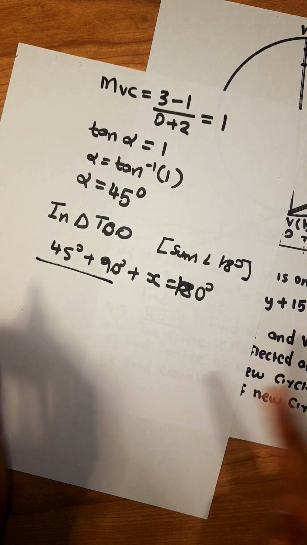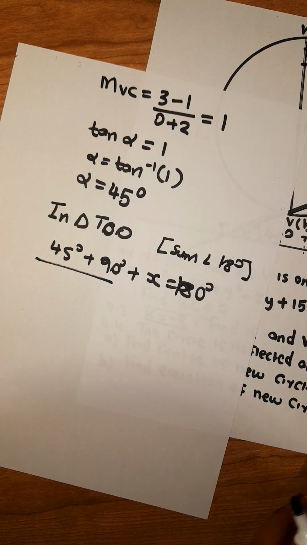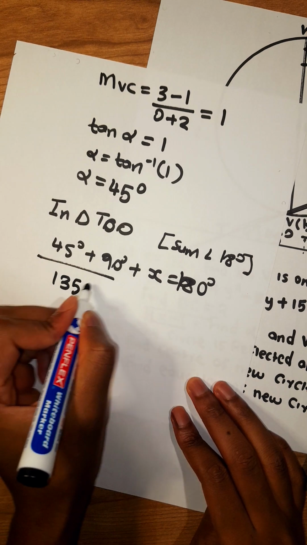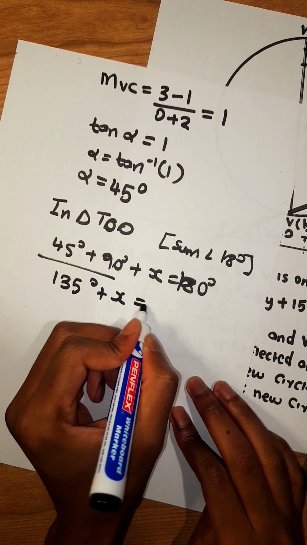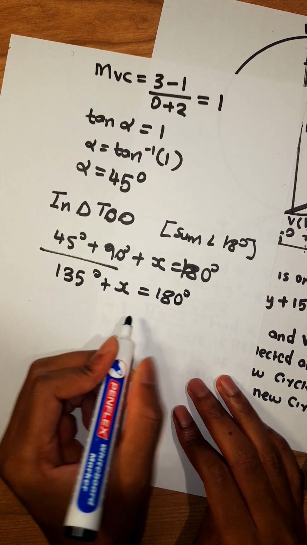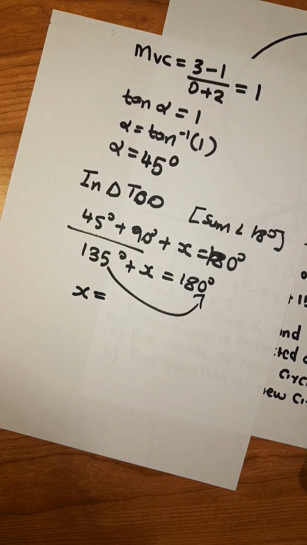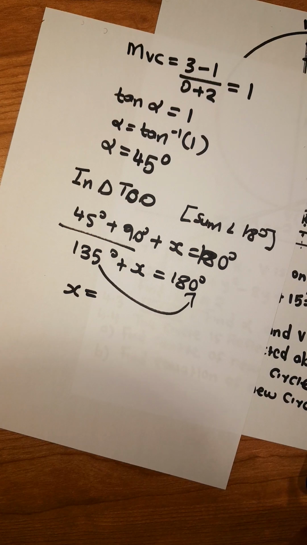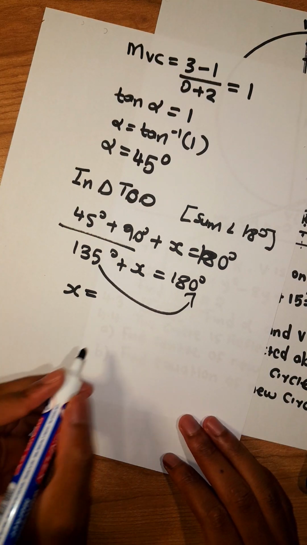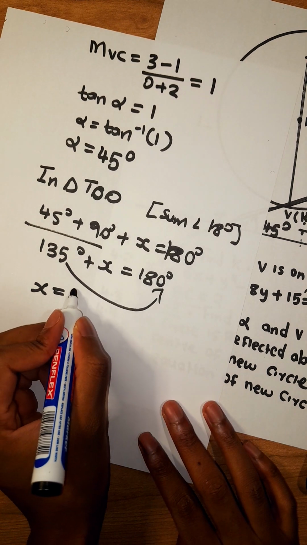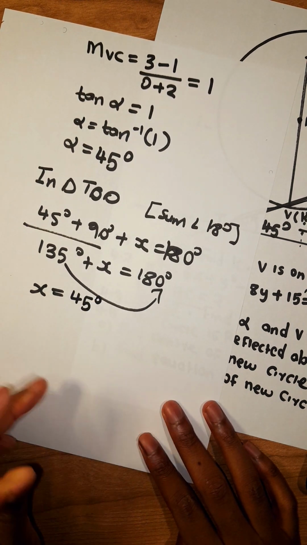So what is 45 degrees plus 90? You get 135 degrees. So 135 degrees plus x equals 180 degrees. You want to take this to the other side, so the value of x is just going to be 180 degrees minus 135. That gives you 45. So this is just 45 degrees.